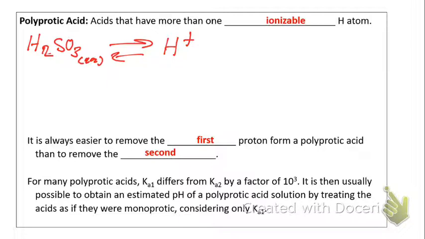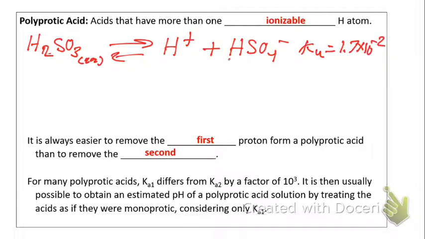So the acid ionizes down to H+, which of course is really the hydronium ion, plus HSO4-, which is the conjugate base. The Ka for this turns out to be 1.7 times 10 to the -2.